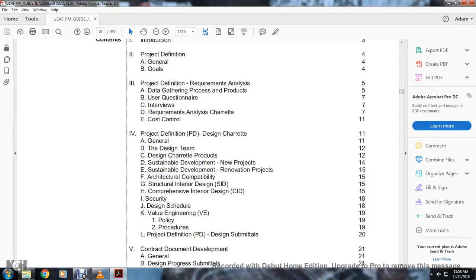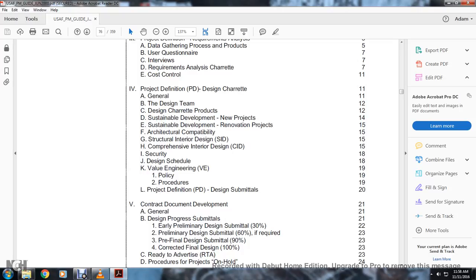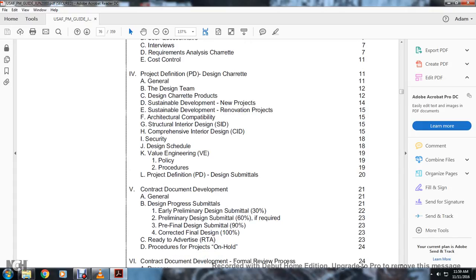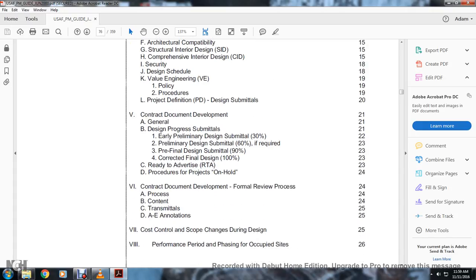Design submittals: the submittal of the early pre-designs, the 30% pre-design submittal, 60% if required, pre-final design submittal, 90% corrected and final design, and 100% required to advertise the project.